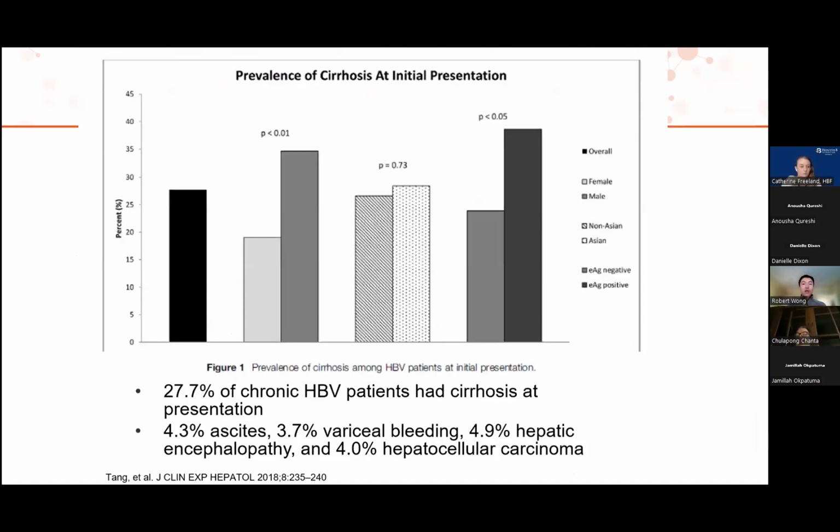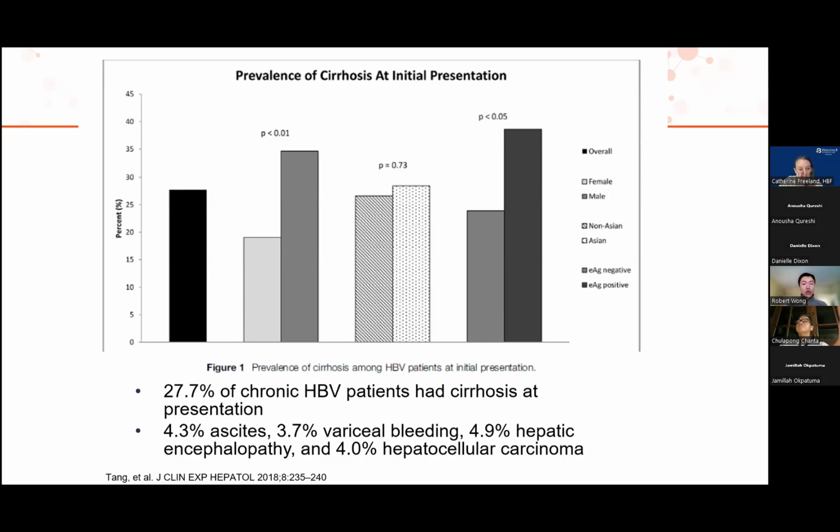And this is a follow-up study from the same cohort that showed over 28 or 27% of hepatitis B patients in this safety net system already had cirrhosis at presentation. Many of them also had signs and symptoms of decompensated disease. And this is very alarming because this is potentially preventable.